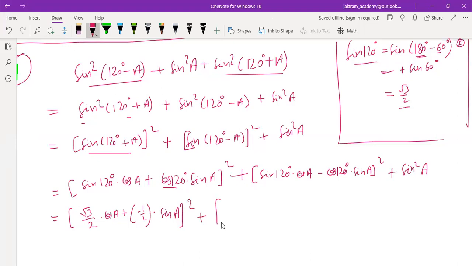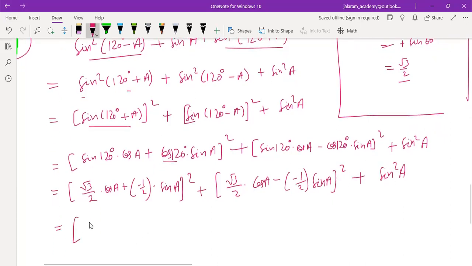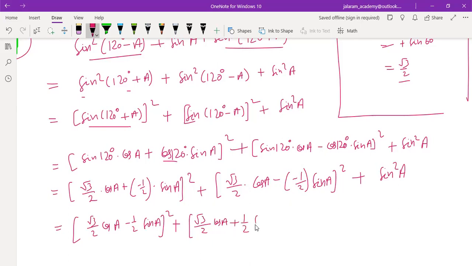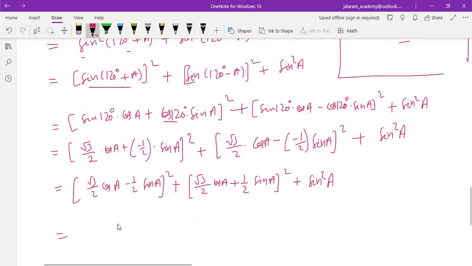Whole square plus again sine 120 degree we have already calculated, root 3 by 2 cos A minus cos 120 degree is minus half sine A whole square plus sine square A equals to, this is root 3 by 2 cos A minus 1 by 2 sine A whole square plus again root 3 by 2 cos A minus minus plus 1 by 2 sine A whole square plus sine square A. Now use A plus B whole square.